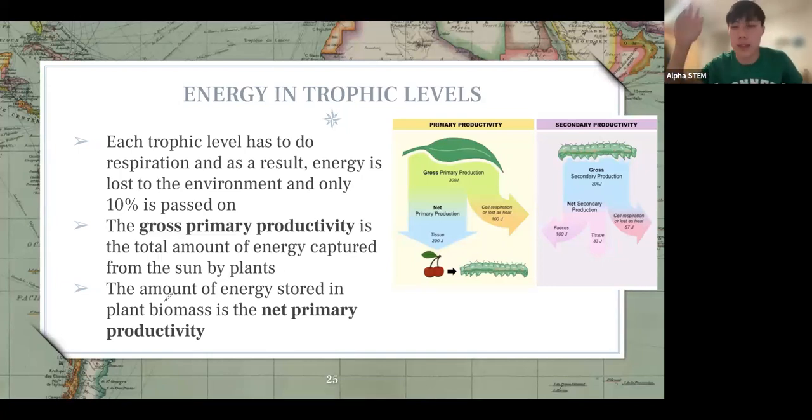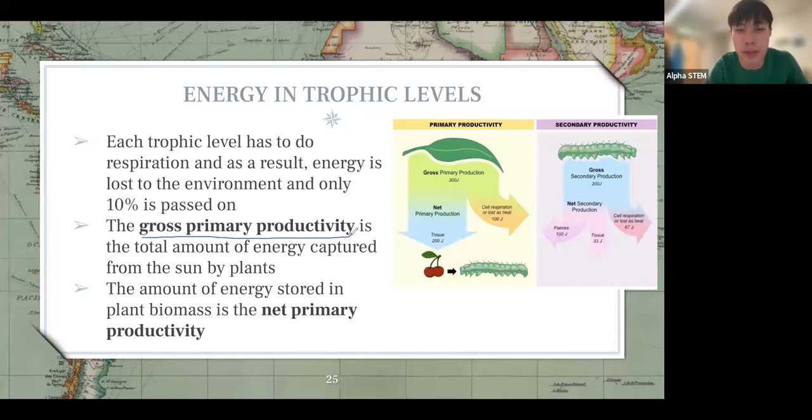Regardless, this energy will not be stored in the plant because the plant uses it up. That means when the caterpillar eats the plant, it's only getting some of the energy that the plant got from the sun. It's not getting the whole deal. It only gets 10% of the energy, and that means that energy gets lost as you go up the trophic pyramid.